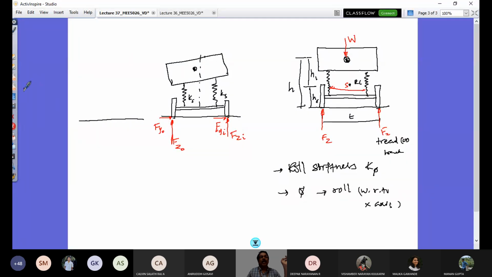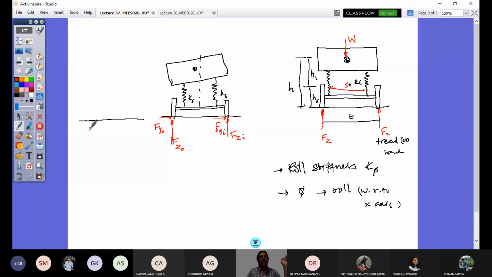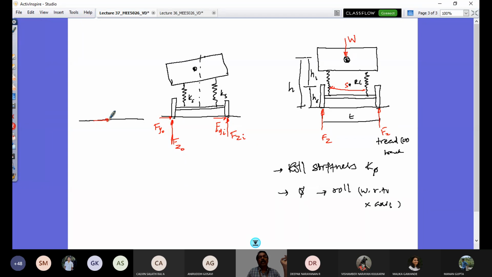On this line, I would have force Fy, which would be equal to Fyo plus Fyi. And this force would be transferred through this point, the roll center, which is placed at a distance HR from the ground.